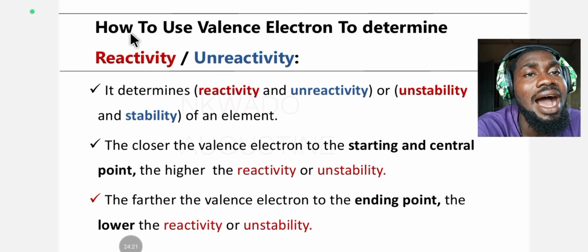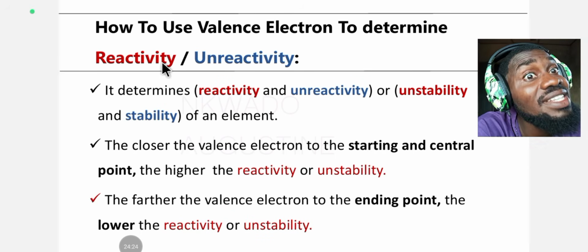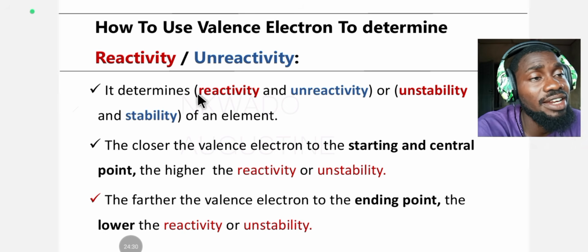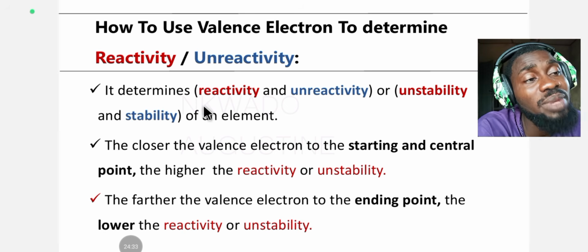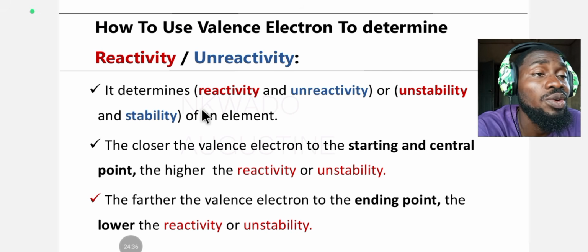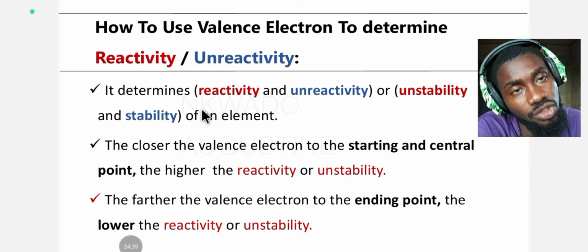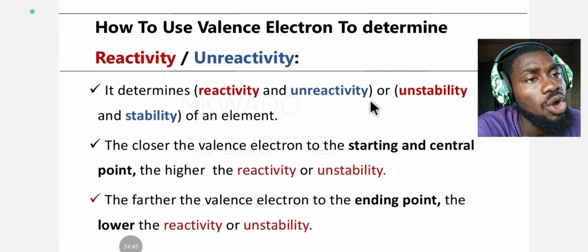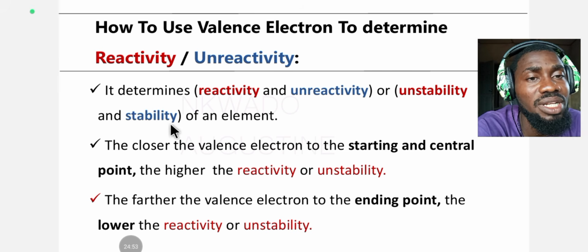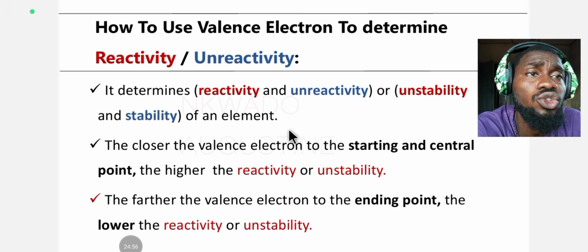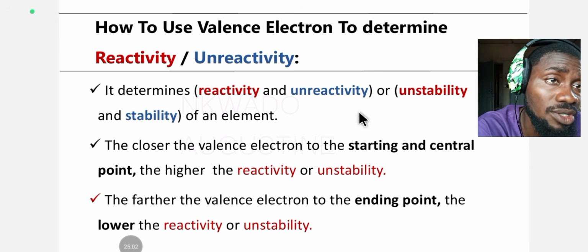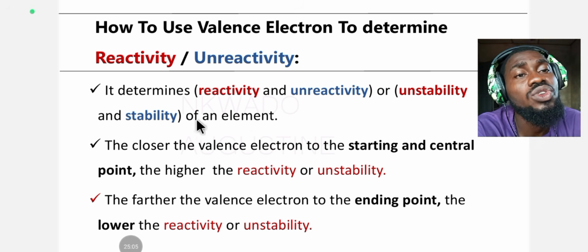Moving on. How to use valence electron to determine reactivity and unreactivity. Having figured out the valence electron of the element, the next step is to determine the reactivity and unreactivity of the element using the valence electron. It determines reactivity and unreactivity, or instability and stability, of an element.